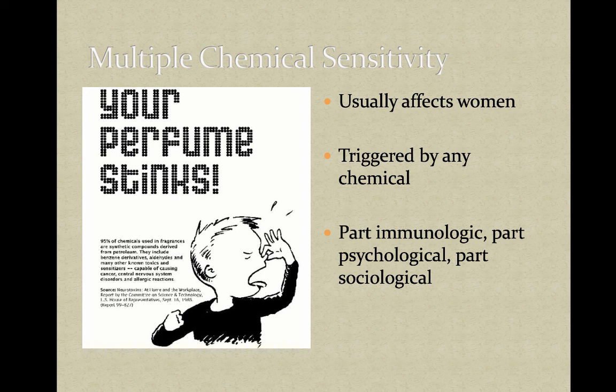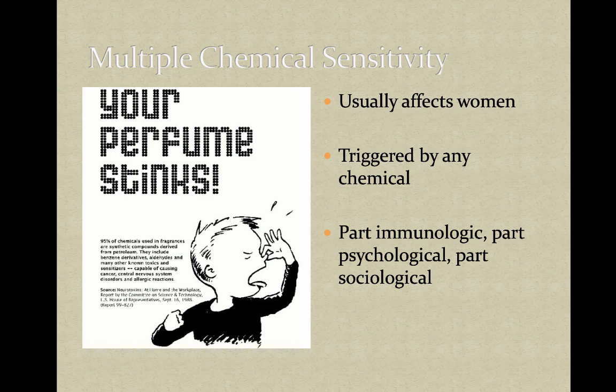Multiple chemical sensitivity is really an acquired disorder in which certain people exposed to various foods and chemicals in the environment actually have physical symptoms. They usually manifest as fatigue, headache, nausea, irritable bowel syndrome, dizziness, coughing fits, disorientation. It usually affects women more than men.